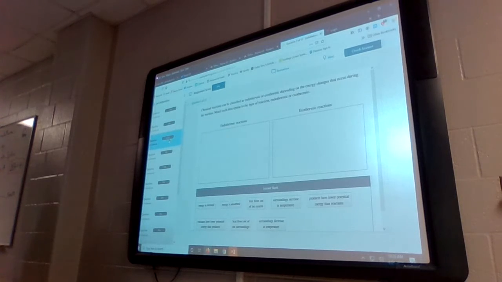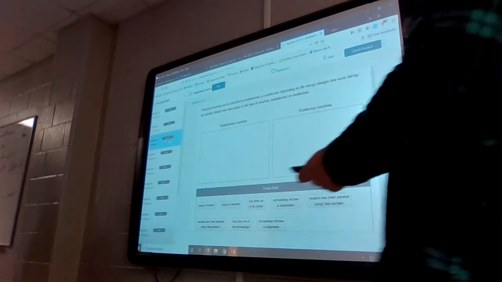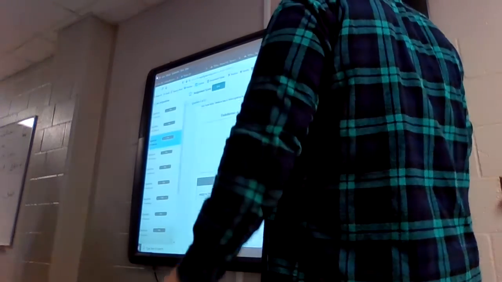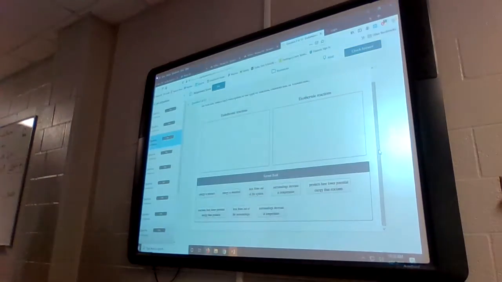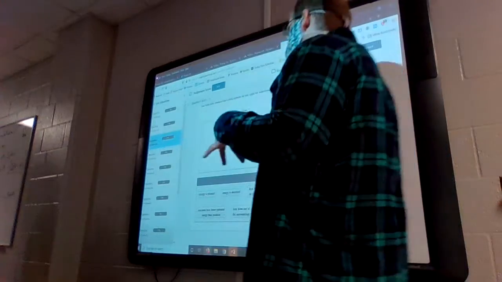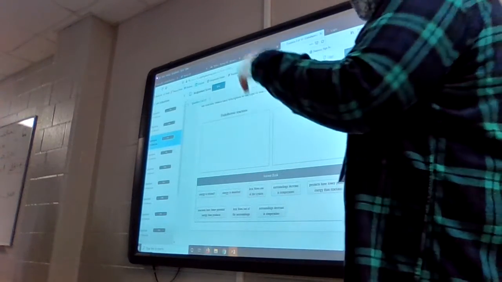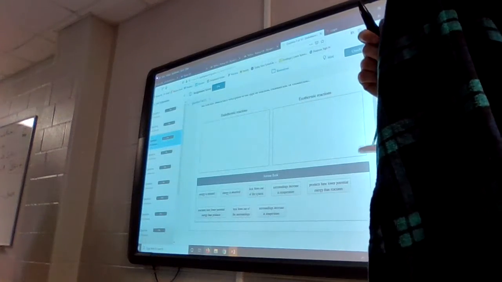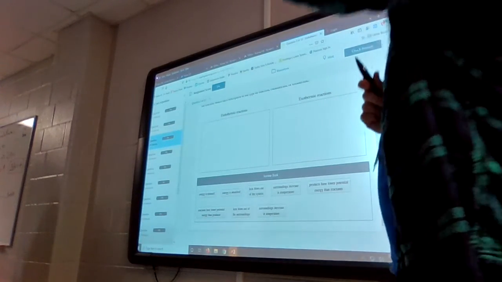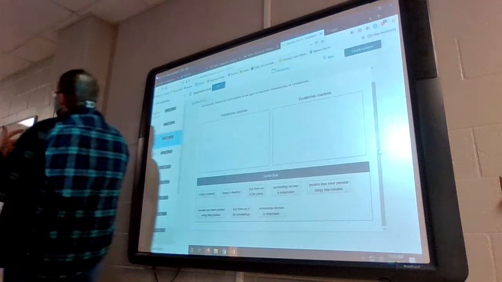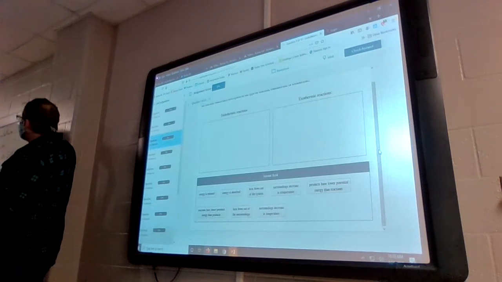Okay, number 3. Endothermic versus exothermic. You should know that energy is released or absorbed, right? Endothermic, exothermic, energy is released, energy is absorbed. I have written on the board, flows into or out of the system. So exothermic, I'm flowing out of the system into the surroundings.